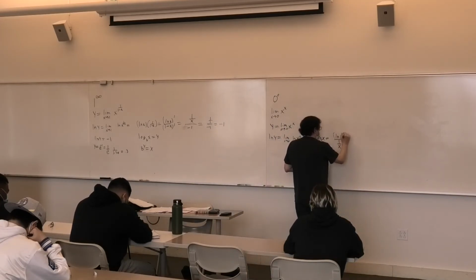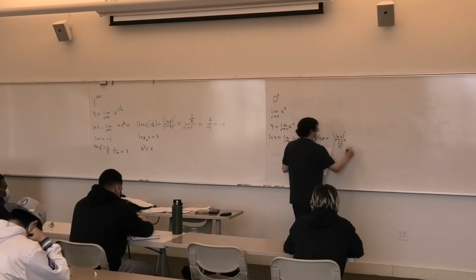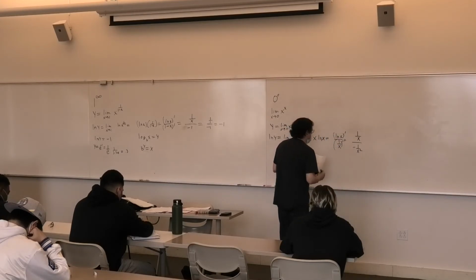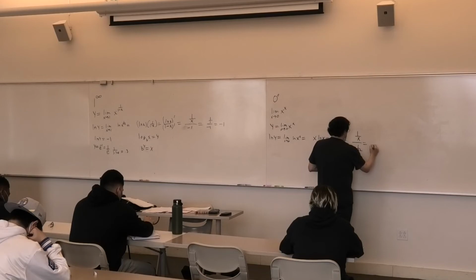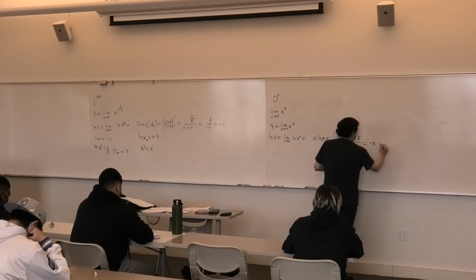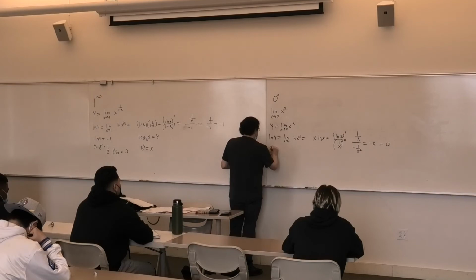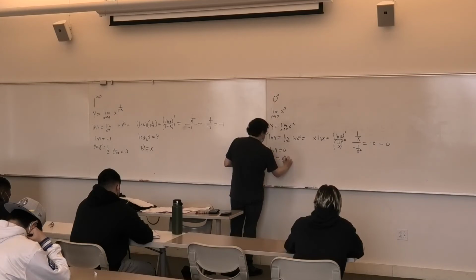Derivative of the top and the bottom are what? 1 over x over minus 1 over x squared, which is minus x. So as x goes to 0, we get close to 0. And here again, since the log of y is 0, y is equal to e to the 0, or 1.